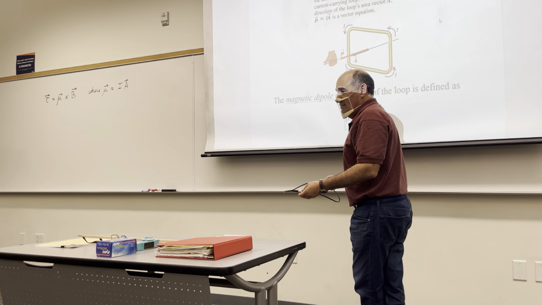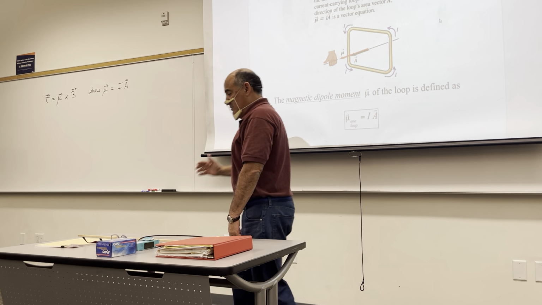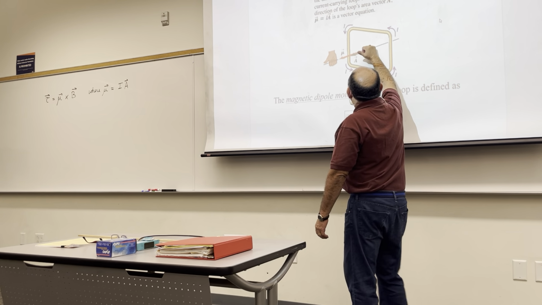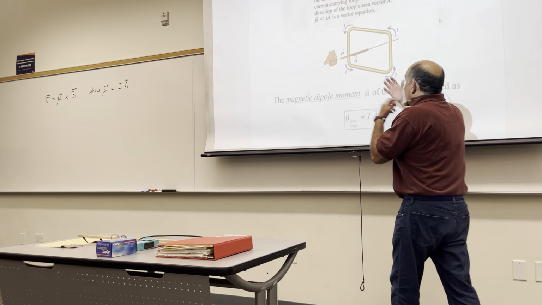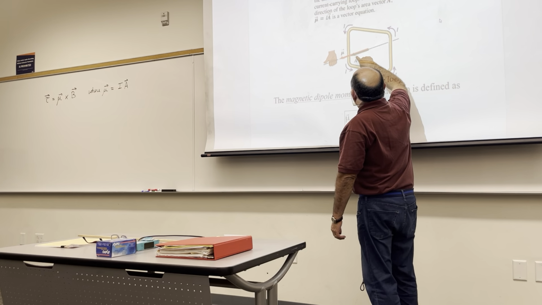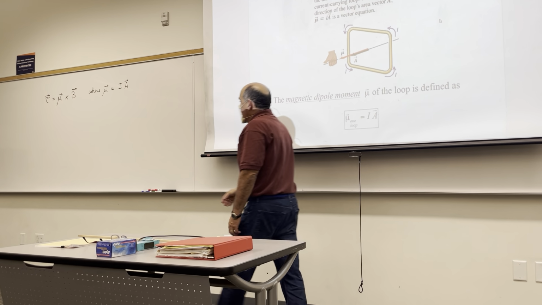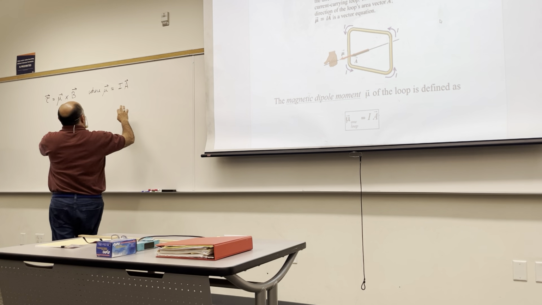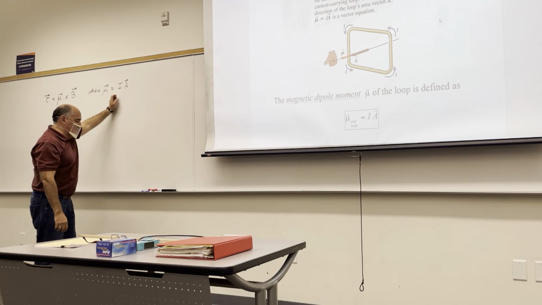Yes? So, it will be in the direction of the thumb. So, what you need to know is that the area vector is perpendicular to the plane of the loop, right? And if you look at this expression over here, this current is just a scalar quantity.